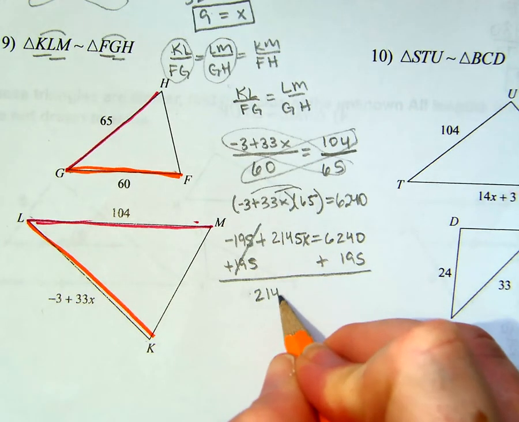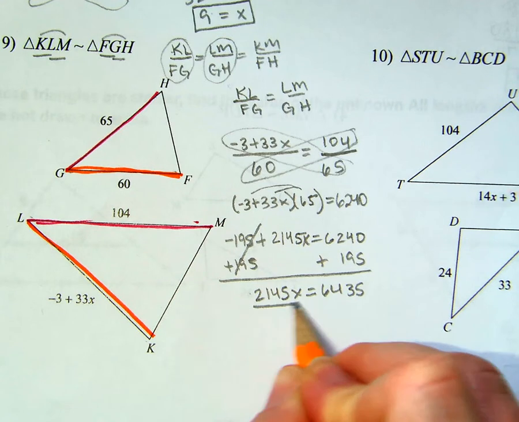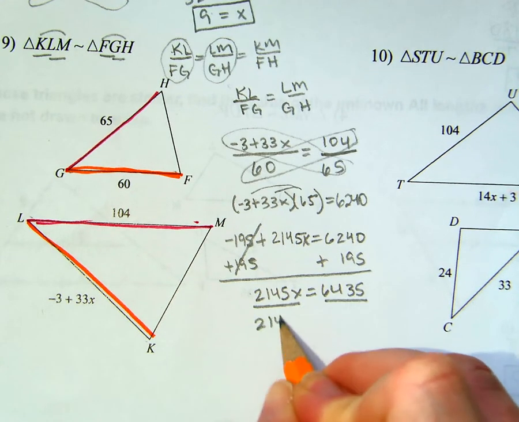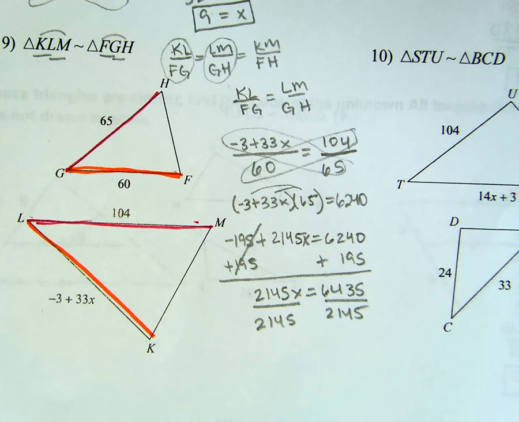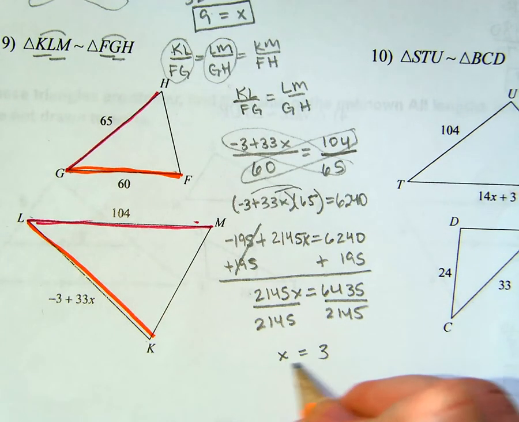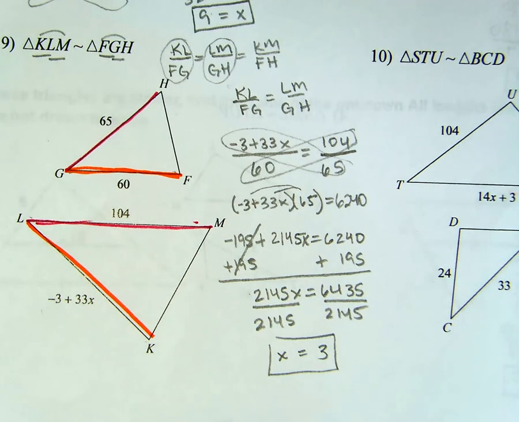We have 2145x is equal to 6435. And then I'm just going to divide by 2145, and x is going to be 3. A nice, pretty number. Again, it's not asking me to solve for anything but x. So once I get the x answer, I am done with this problem.